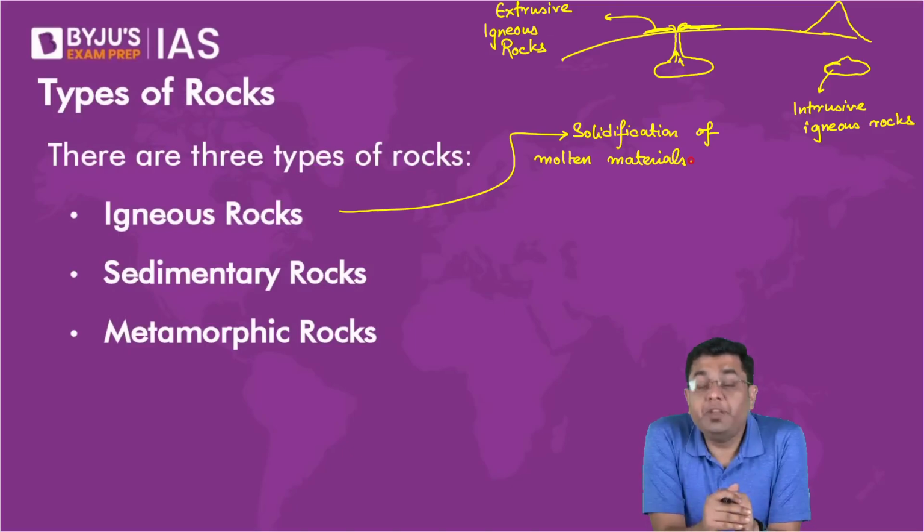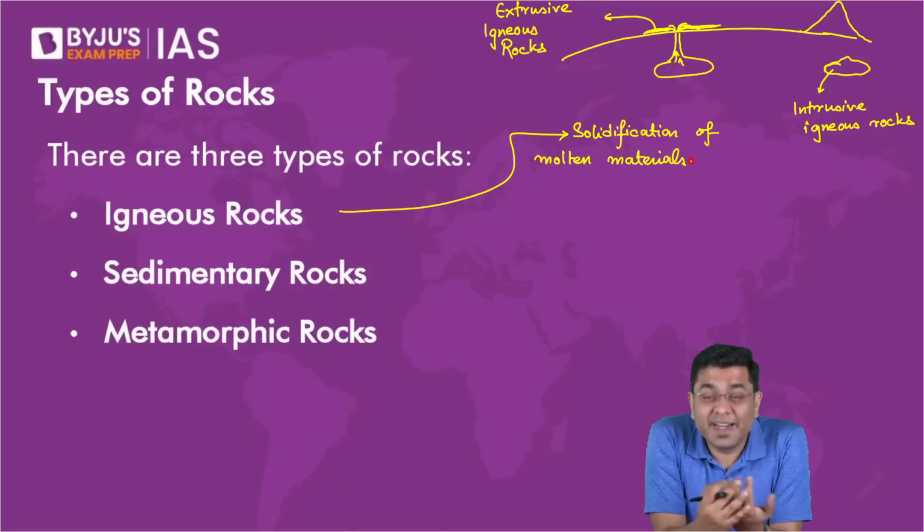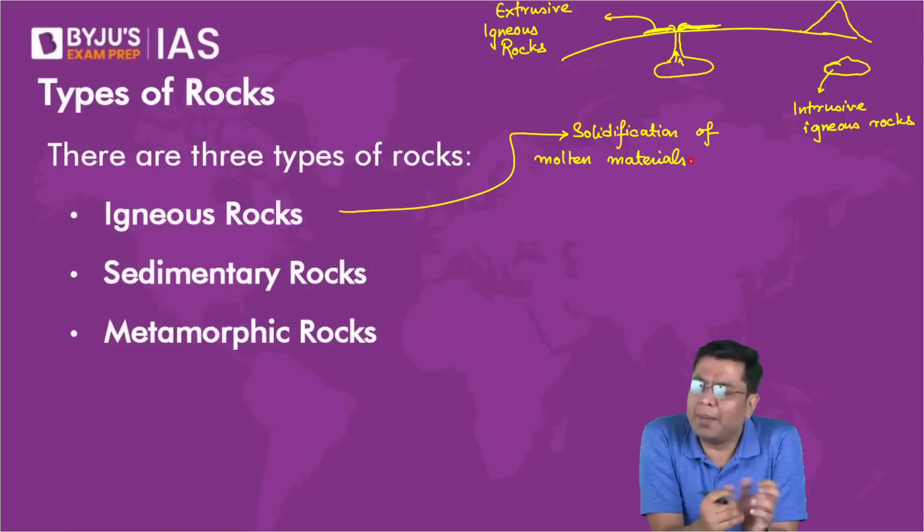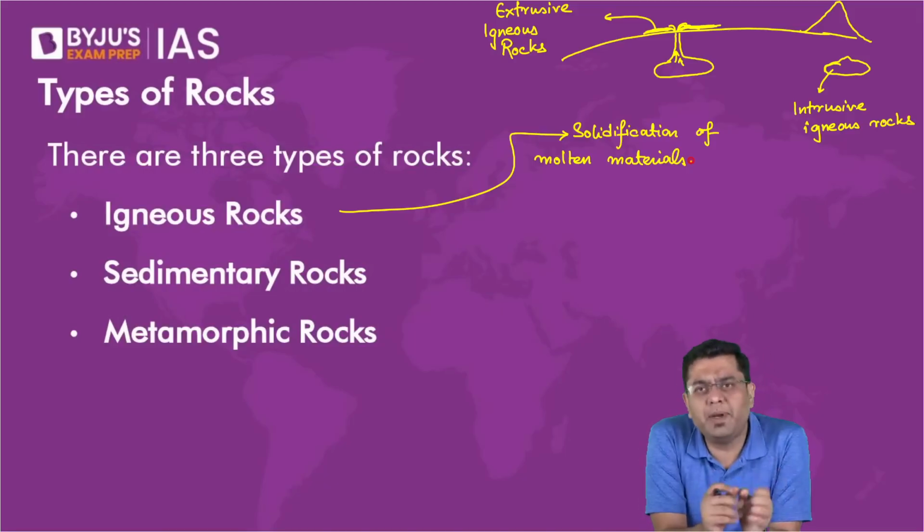Sedimentary means what? Sediment is one of the key terms in this. What is a sediment? Sediment is a deposit, any kind of deposit, brought by the rivers chiefly, brought by the winds in general. So, over a period of time, and do this thing at your own house. You can practice this or you can do this experiment even at your own house or, if you don't want to get a scolding from your house, do it at your friend's house or your cousin's house so that you are safe.